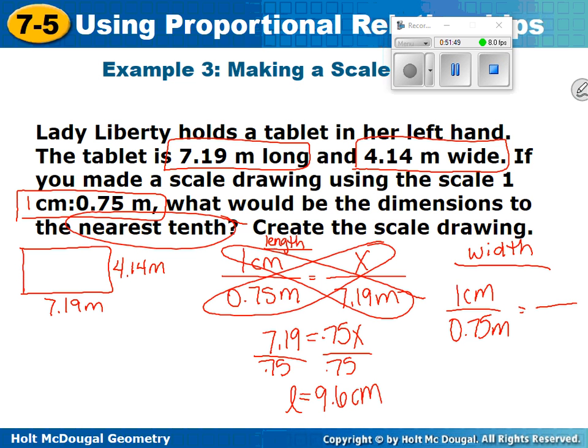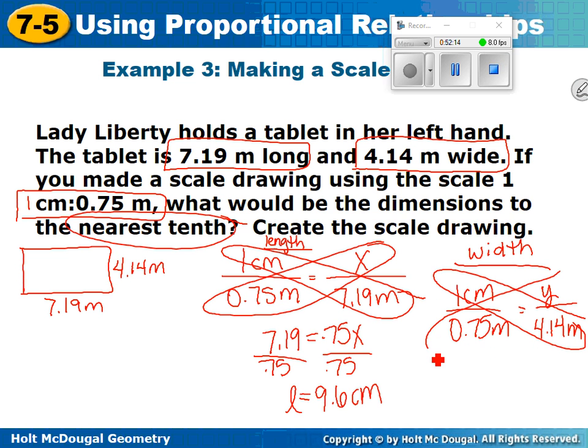Bottom, because we want it in the same location. Centimeters to meters has to stay centimeters to meters. So it is our scale drawing to the actual tablet. So 4.14 meters. What's going to go on the top? A variable. I'm going to use a different one just to show it something different. So I'm going to use y.